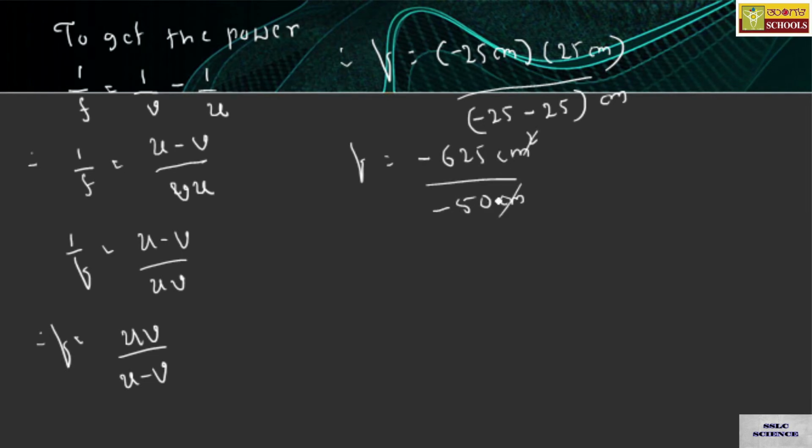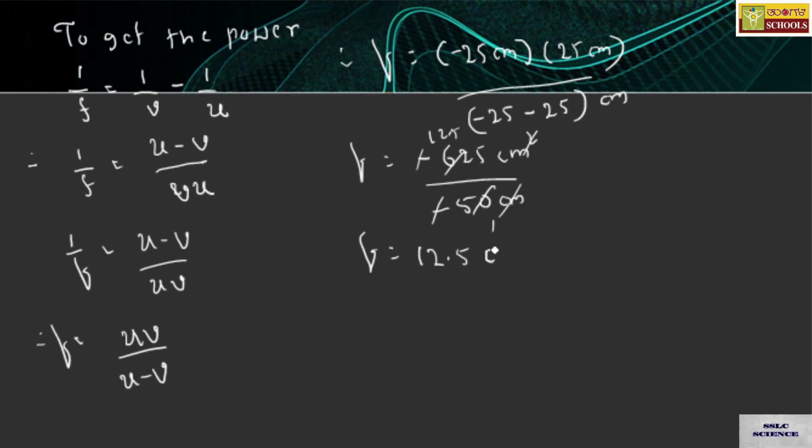The centimeter and square of centimeter cancel each other, and the minus signs cancel each other. 625 divided by 50 is 12.5, a plus value.